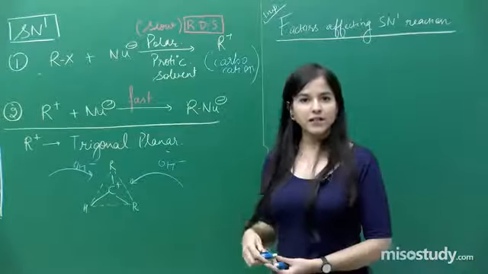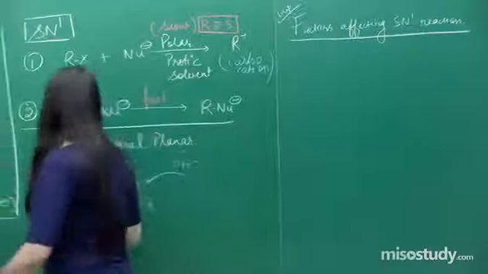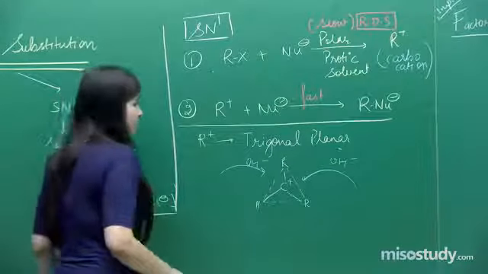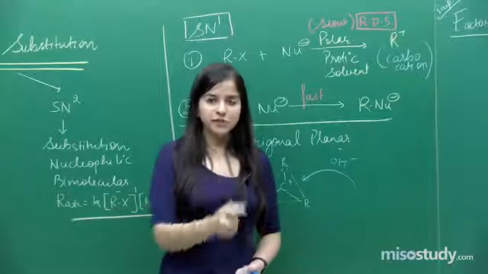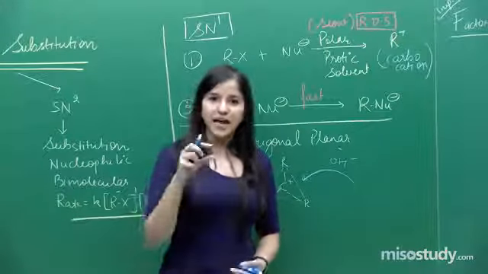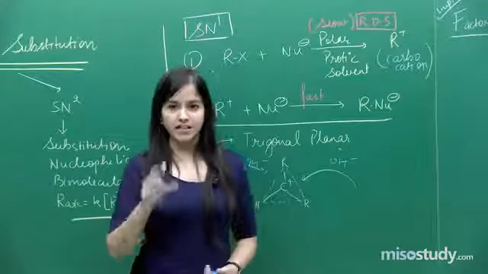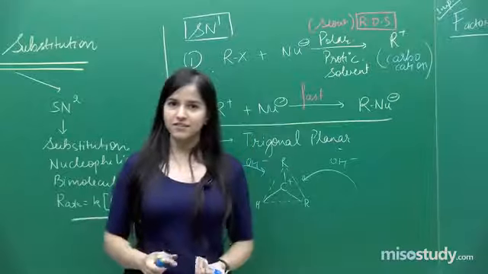Now, what are the factors? Since you can see over here there is the formation of carbocation, that means the main thing is this only. The carbocation formed must be very stable, and that is how it will decide the rate of the SN1. The more stable the carbocation formed, the faster will be the reaction, right?